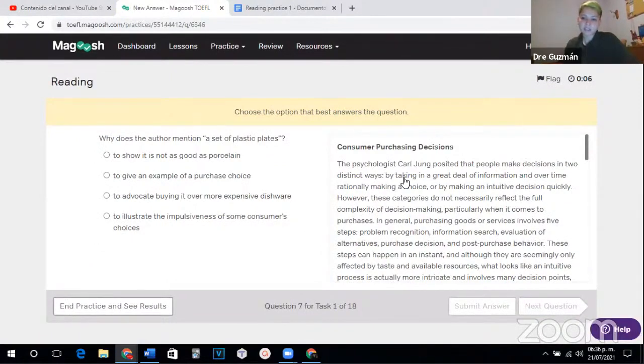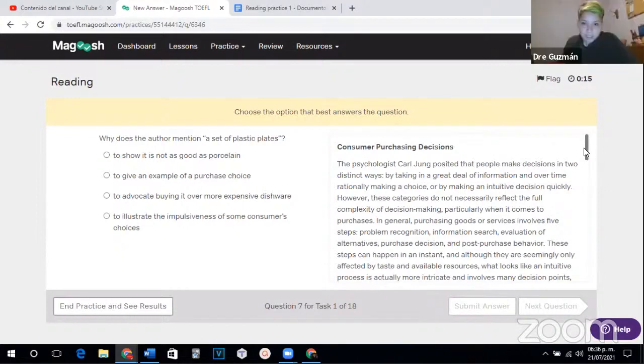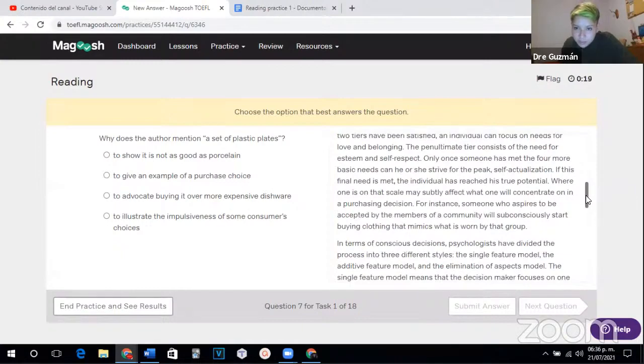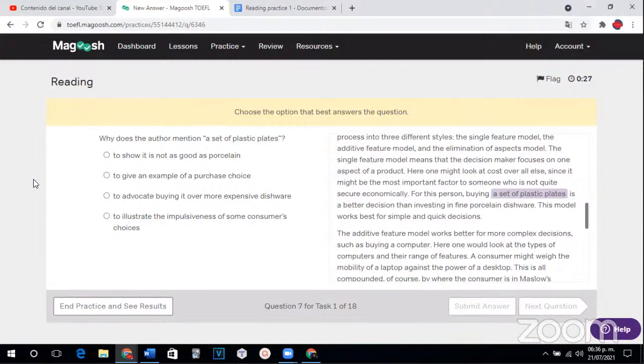Here, who was up next? Roger, right? Yes, Miss. Okay, so can you read the... wait, where is it? Oh, yeah, I'm gonna find this part in the text. Here. Okay, so read the question and you tell us which answer you think it is. Okay, why does the author mention a set of plastic plates?